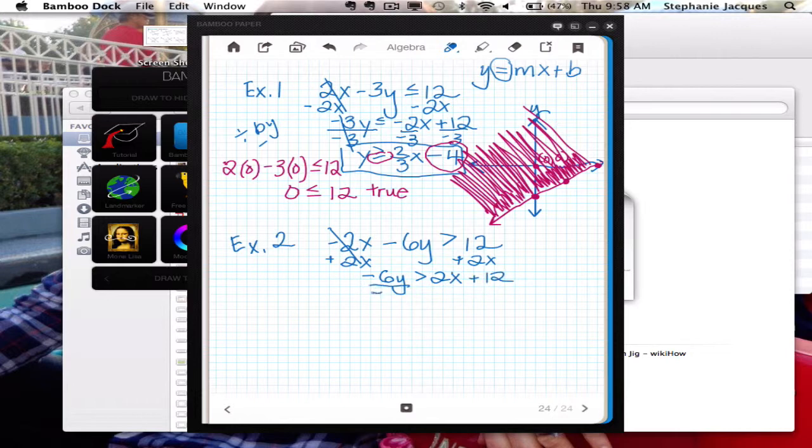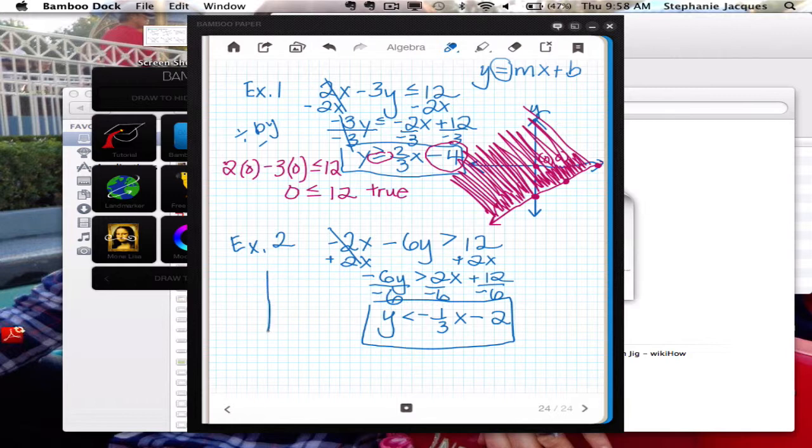And then I'm going to get rid of my negative 6 by dividing it out. And remember, I divided by a negative, so that means you flip your sign. So y is less than. And I'm going to reduce this fraction to negative 1/3 x, and then negative 2. So there's my equation in slope-intercept form, and now I'm going to graph it.